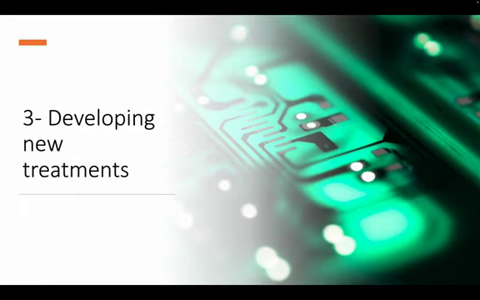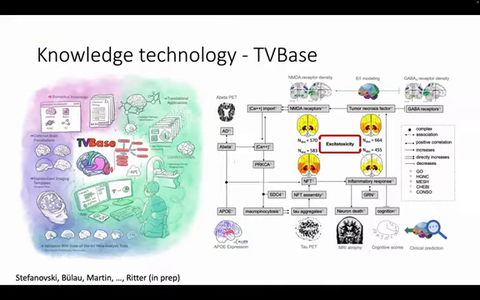So in the last part, I will shortly speak about how to develop new treatments based on this. And here for that, I again come back to TVB-base and show you what we also did by exploring a biological knowledge graph of Alzheimer's disease.